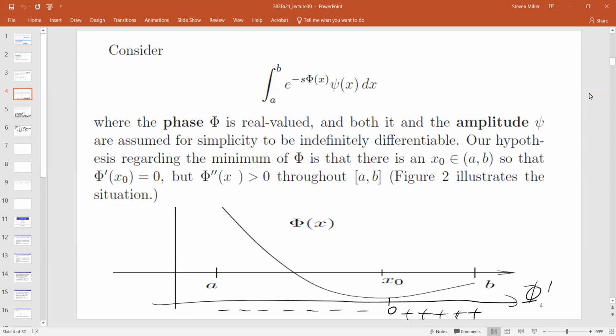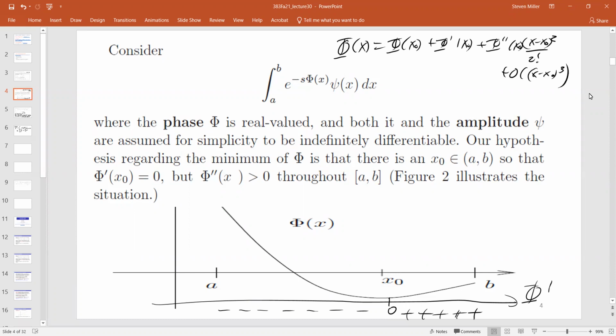Well, we talked about the Taylor series expansion. We can write phi of x as phi of x naught plus phi prime of x naught times (x minus x naught) plus phi double prime of x naught times (x minus x naught) squared over 2 factorial plus something of size (x minus x naught) cubed.